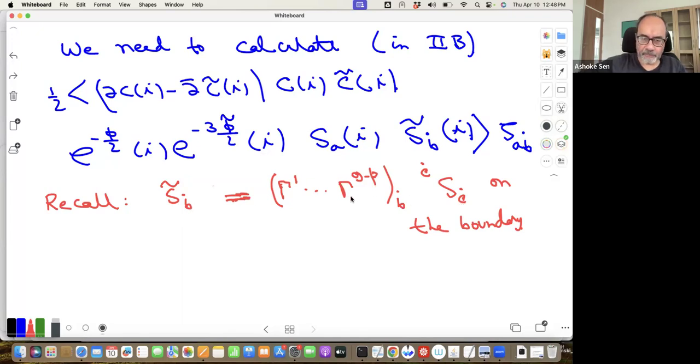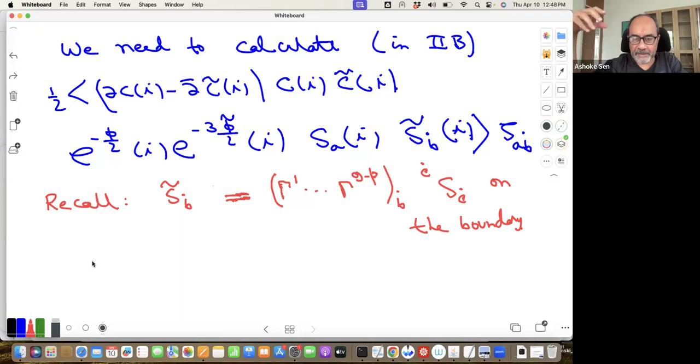Sorry, in type 2B, there is only one chirality, right? Yeah, there is one chirality, but as I said, once you go to the -3/2 picture, the chirality gets changed, so you make use of both chiralities. At the end, of course, when you construct the vertex operator, there is only one chirality which will be left.